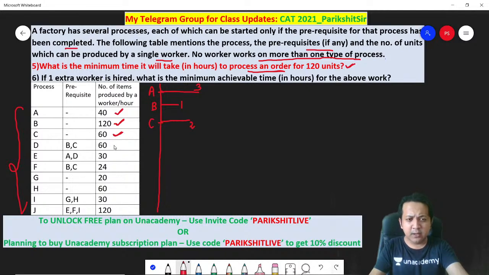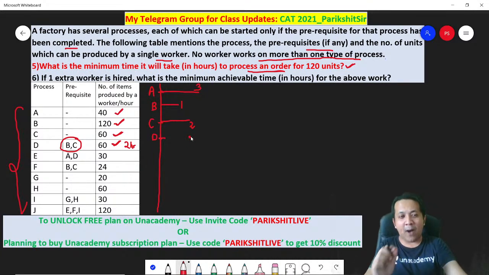Similarly for D. The worker can produce 60 items of D per hour. Total 120. So it will take 2 hours. But D can only and only start once B and C are completed. When do B and C get completed? Remember, B and C get completed at the end of 2 hours, not at the end of 1 hour. Why?